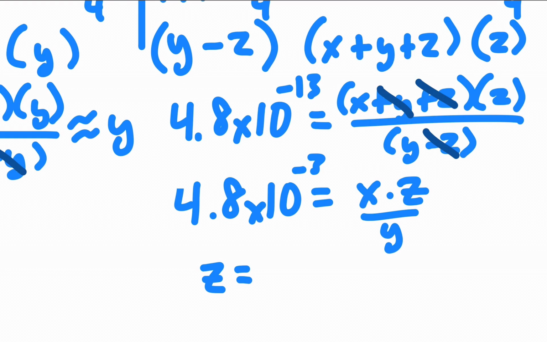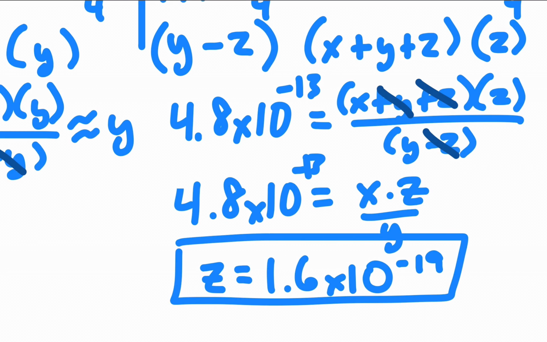So if we take the Ka3 value, 4.8 times 10 to the negative 13, times the value we just used for y, which is Ka2, 6.2 times 10 to the negative 8, and divide by x, 0.19, we get indeed a very small number, 1.6 times 10 to the negative 19.